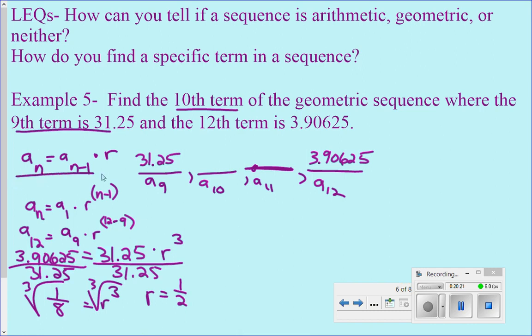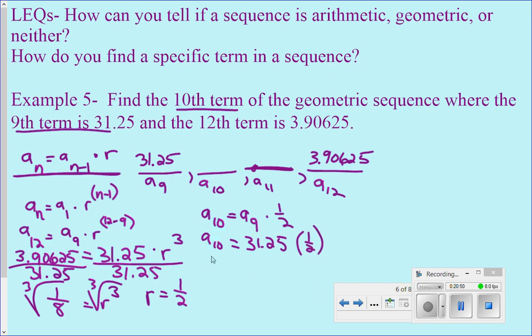And as we said earlier, now we can use the recursive formula because we know r and we know the 9th term. So I can take the 9th term times the r value to get the 10th term. So a sub 10 is going to be a sub 9 times 1/2, which means I'm going to take the 9th term, which is 31.25, and multiply that by 1/2.